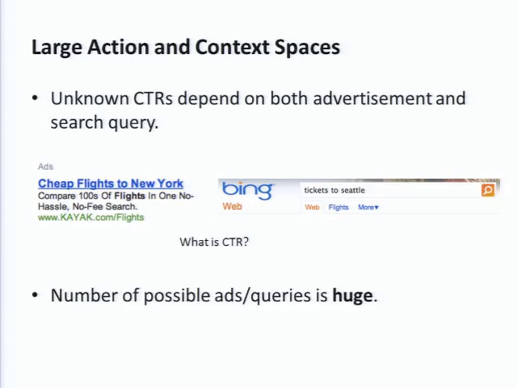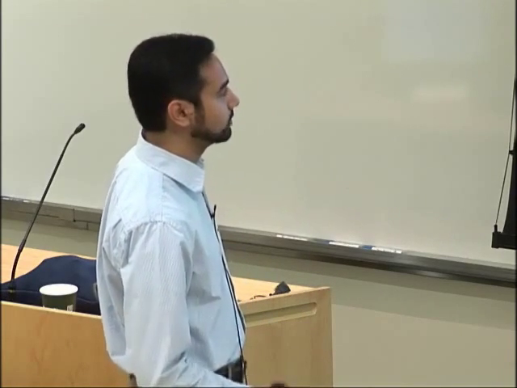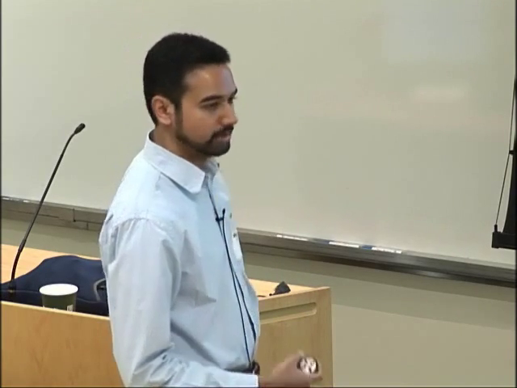The click-through rate of any ad is a function of both the features of the ad and the features of the query. Here we have a search, tickets to Seattle, and here's an ad, flights to New York. We want to estimate the click-through rate when this ad is presented in response to this query. The basic problem is that we can't just use counts because the number of distinct ads and queries is enormous, so we have to do something to generalize.